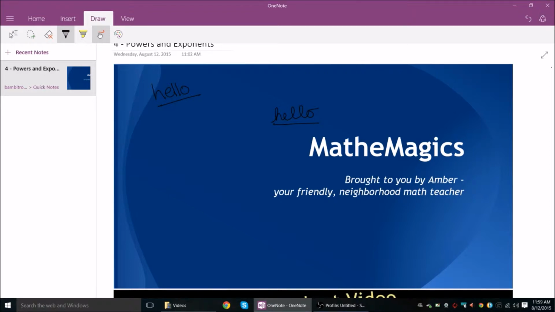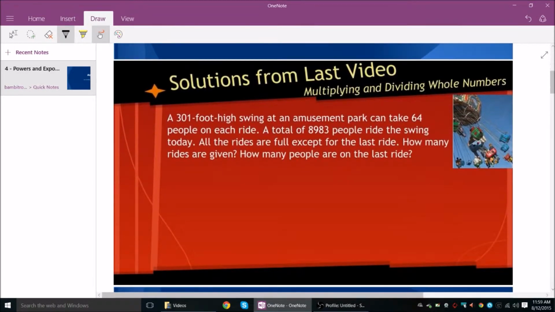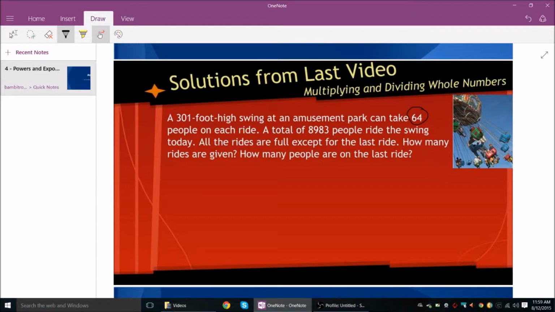So let's start off by looking at the word problem that I left you with last time. We had a swing at an amusement park that could take 64 people on each ride, and there were a total of 8,983 people on that ride in a day. All the rides were full except for the last ride. We want to figure out how many rides were given and how many people were on that last ride.